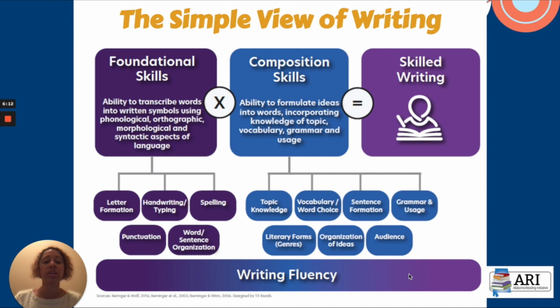Sentence formation, now we're getting into grammar and usage, and even things like audience, making sure I can correctly address whoever this writing is going to. So making sure that we are both able to physically write, which is the handwriting, the letter formation, those foundational skills, but also we are able to mentally write as well, because we're getting these ideas onto paper. And of course, the goal is the skilled writing.